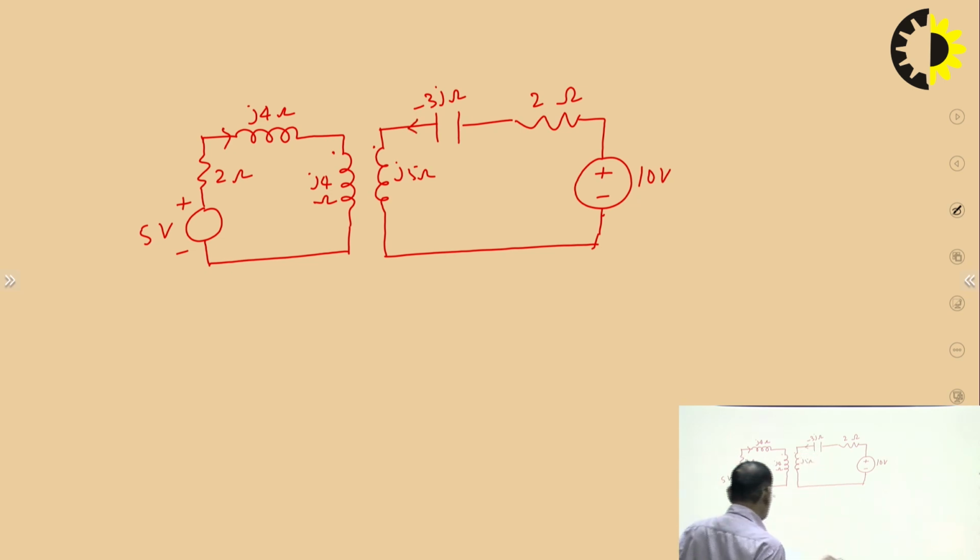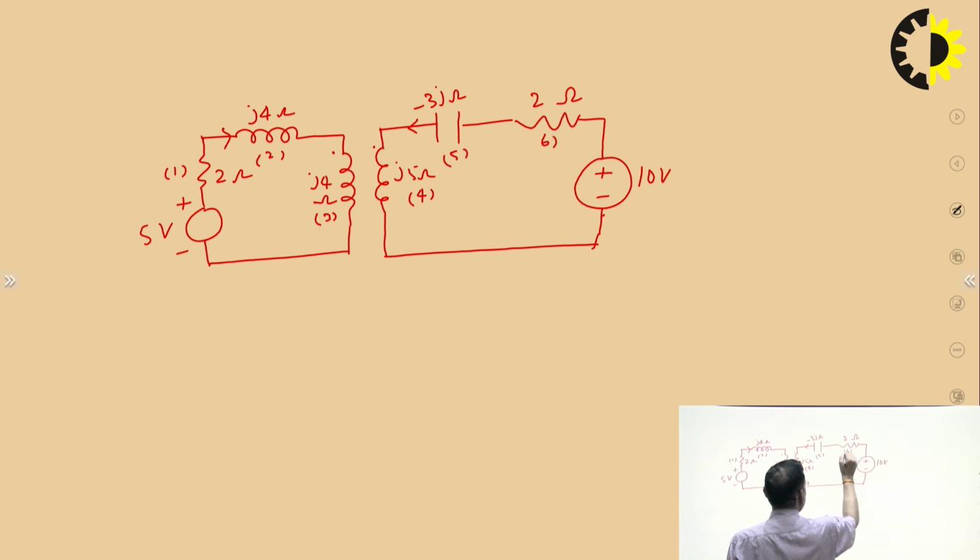Now identify the number of nodes. The branch number is also given. So this is branch number 1, this is your branch number 2, this is your branch number 3, this is your branch number 4, this is your branch number 5, and this is your branch number 6.